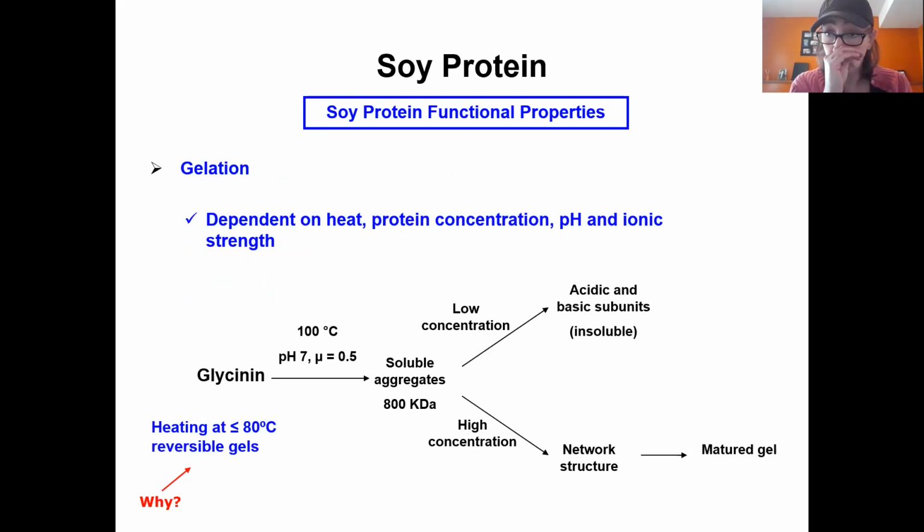So here's just a quick reminder about gelation. We have to remember that thermally induced gelation is dependent on the heat that we apply, whether it is the heating temperature and heating rate, as well as protein concentration. What is the critical protein concentration that a gel is formed at, and then the pH of the system and the ionic strength.